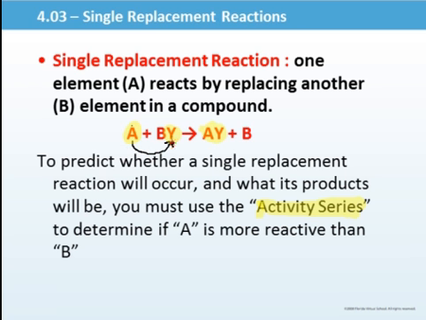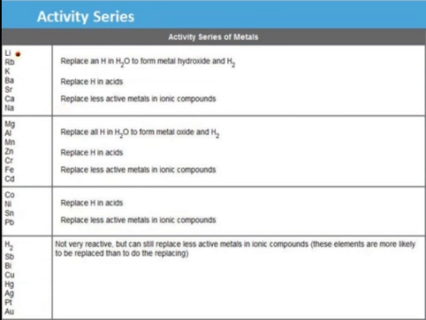In the lesson for 4.03, you will see the activity series. I recommend that you go get that if you don't already. Print it because you will use it for all single replacement reactions. Lithium's on top, and then it goes down. What this means is the elements on the top are super active.